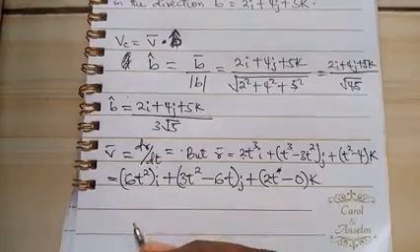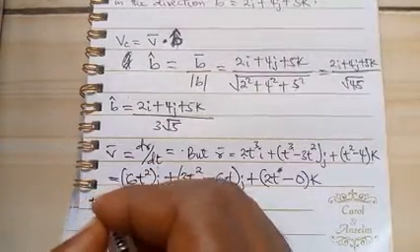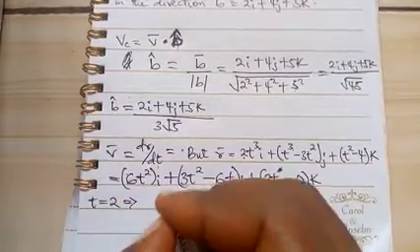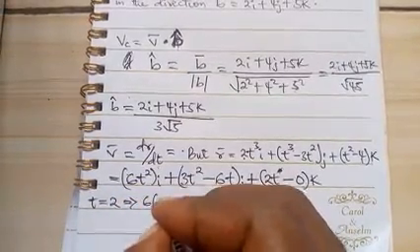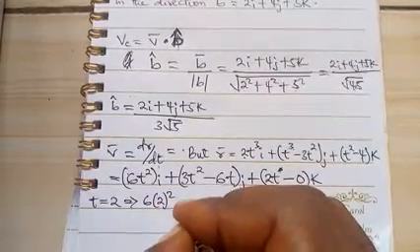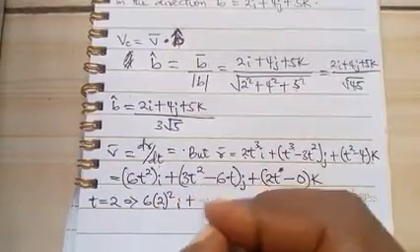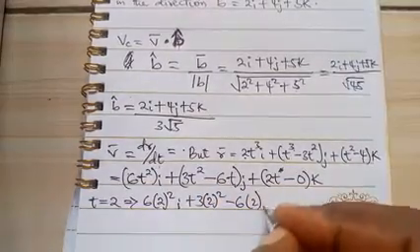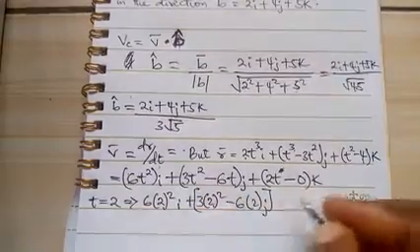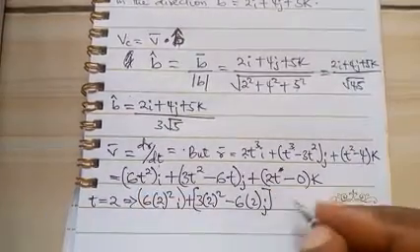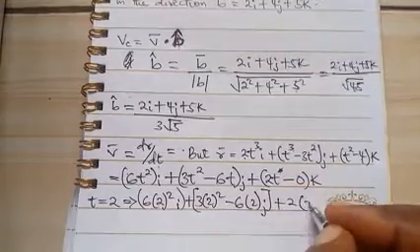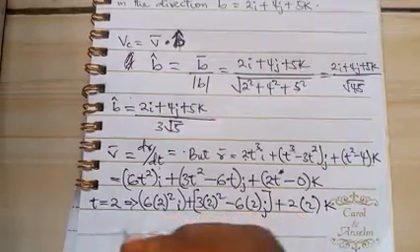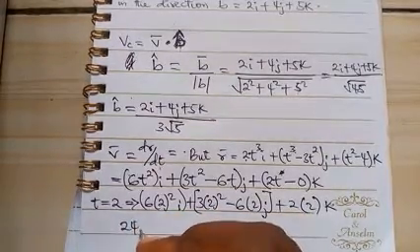Now it is at t equals 2. At t equals 2, we're going to have 6 into 2 squared i plus 3 into 2 squared minus 6 into 2 j, then plus 2 into 2 k. So 4 times 6 is 24, so we have 24i.